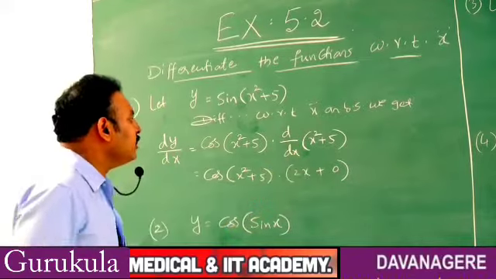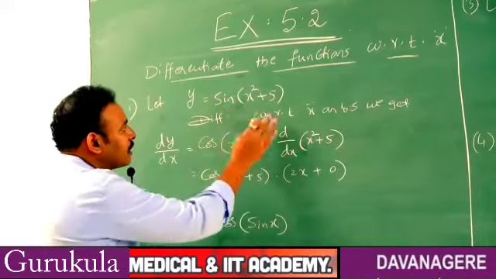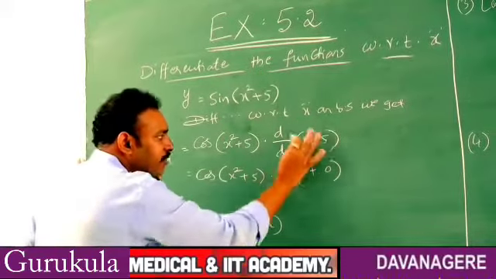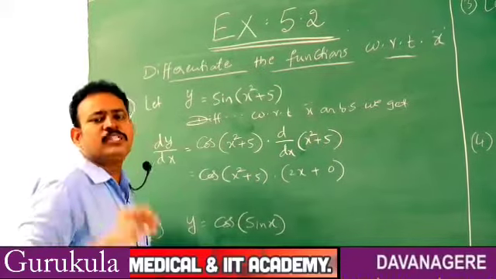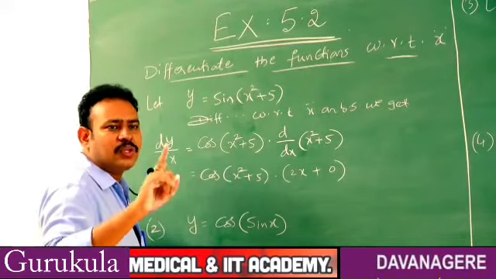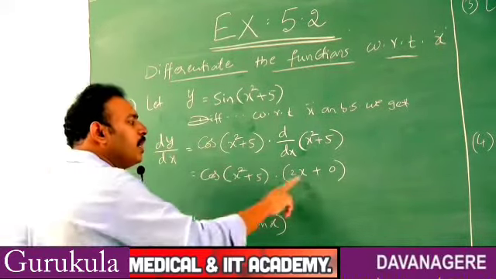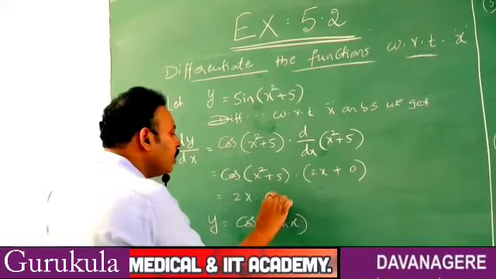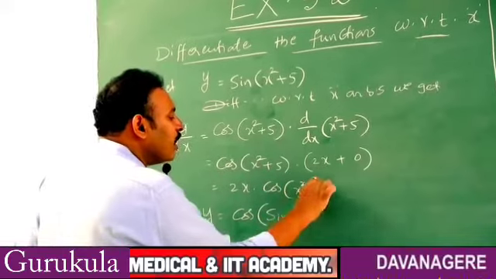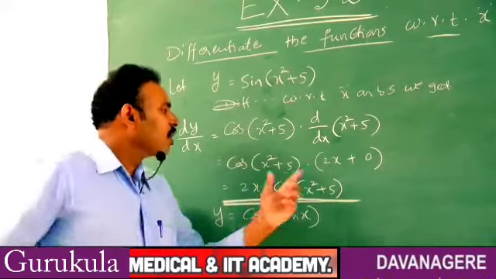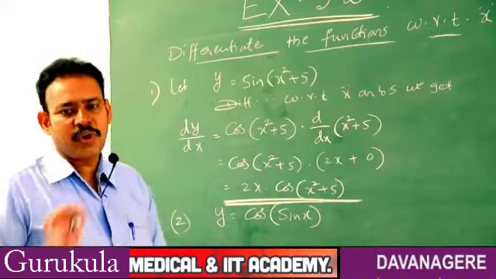Now you see, students, until you get the derivative of x with respect to x as 1, up to that you can differentiate. This is equal to 2x into cos of (x square plus 5), students.